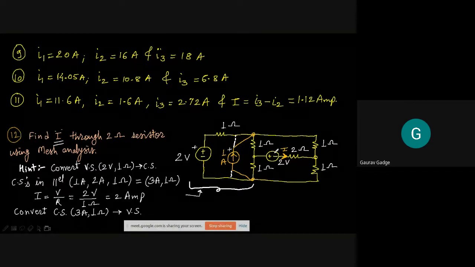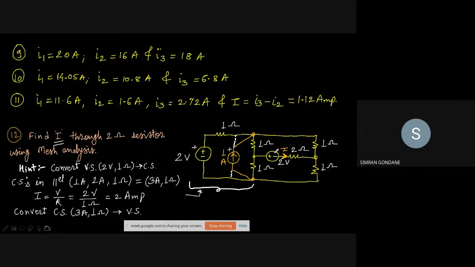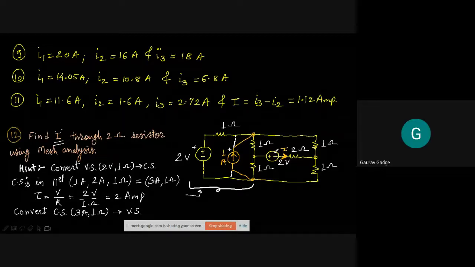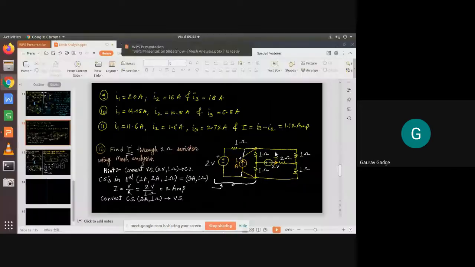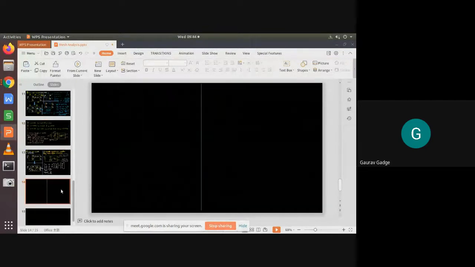Simran? Yes, sir. Okay. Simran, can you just keep your mic on just for a second? Simran, can you tell me the difference between resistance and impedance? What is the difference between resistance and impedance?